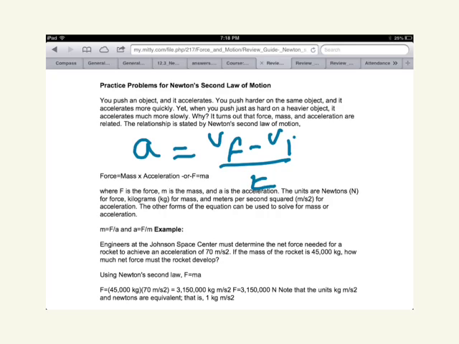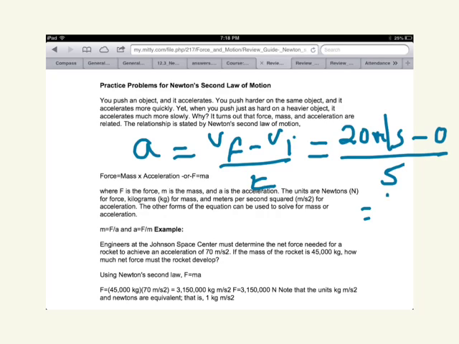For example, if you have an object that is stationary and then travels with a velocity of 20 meters per second over 5 seconds, we can figure out what the acceleration is. It reaches 20 meters per second, starts off at 0, takes 5 seconds, then the acceleration is going to be 4 meters per second squared.